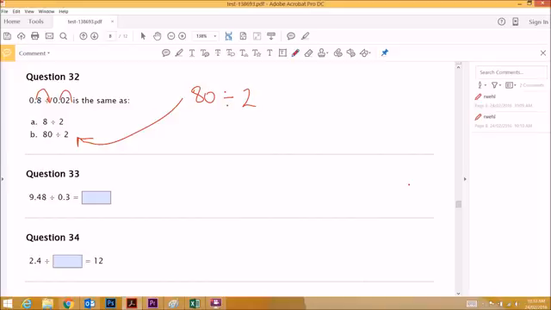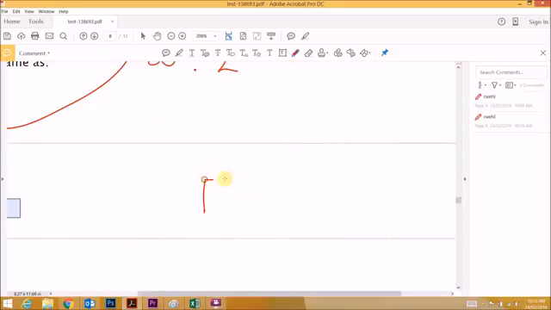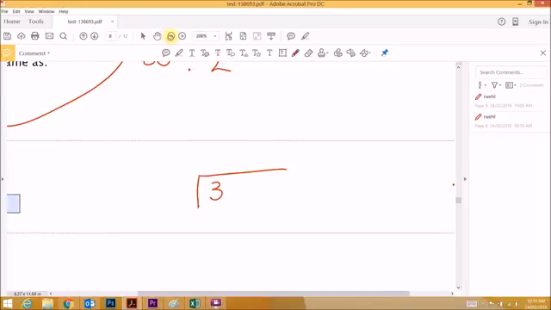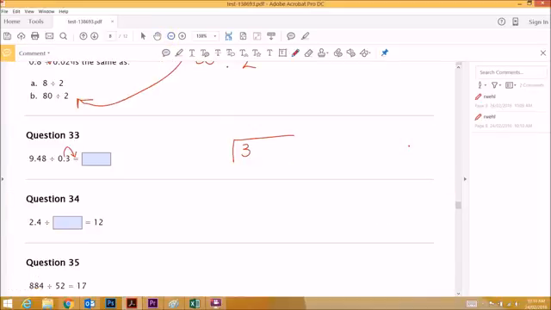In my next one, I need to do a division. Once again here, my divisor is not a whole number, so I need to change that. So it'll be divided by 3. Now I'm going to do the same to my dividend. Oops, I have put that in the wrong spot. So let's try that again.